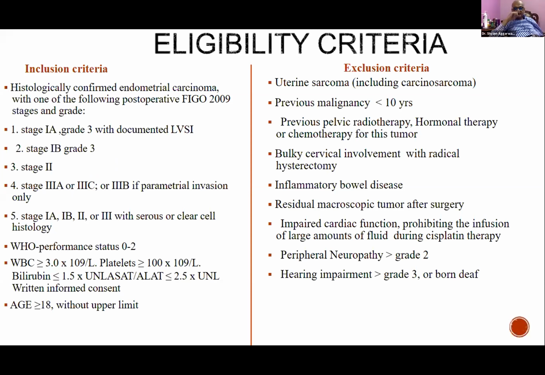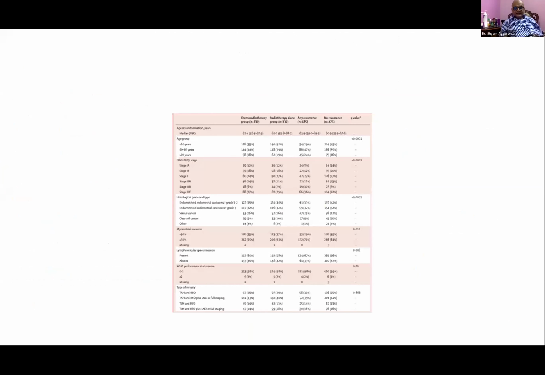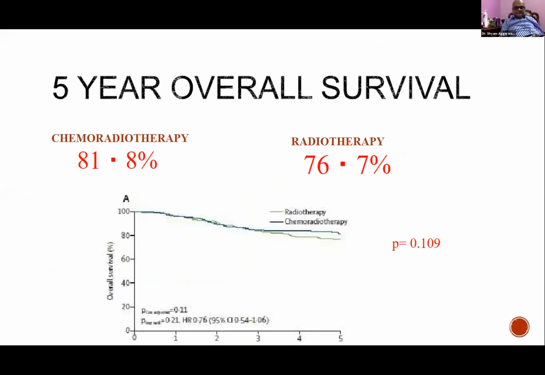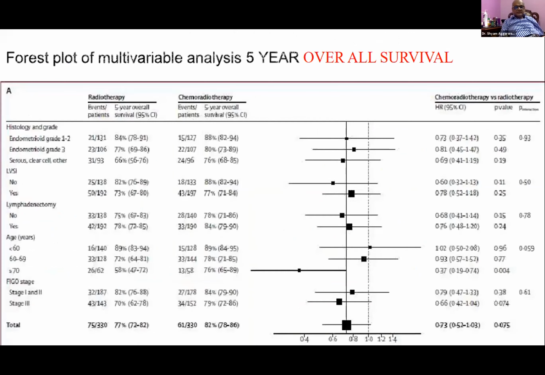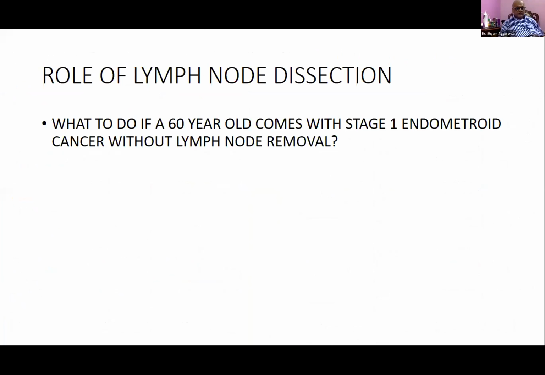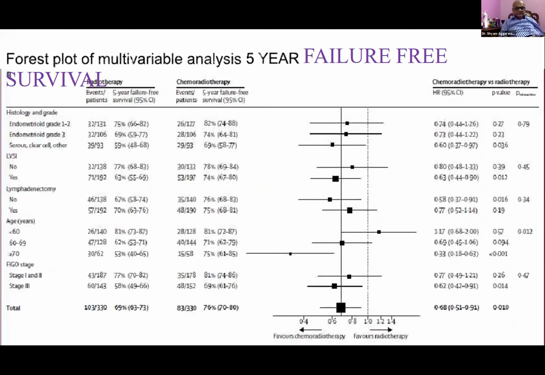Jaya, can you go to the next slide? Next slide. Next, please. Next. So let's go to the previous one. So this is FIGO stage 1 and 2 and stage 3, right?